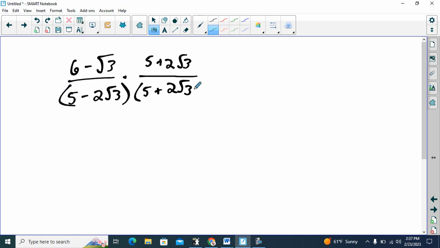On the bottom, we are going to FOIL, and I would recommend starting with the bottom to make sure that you have a rational number. 5 times 5. These middle terms, if you did it right, should cancel out. 5 times 2 root 3. Negative 2 root 3 times 5. And they do cancel.